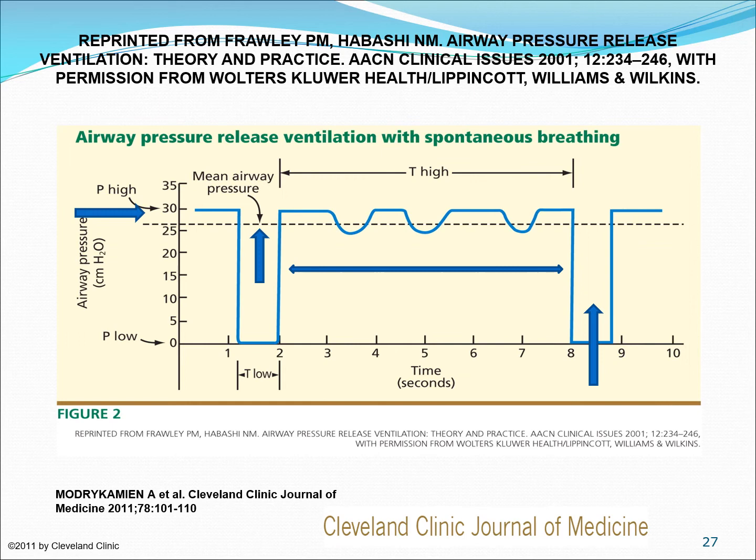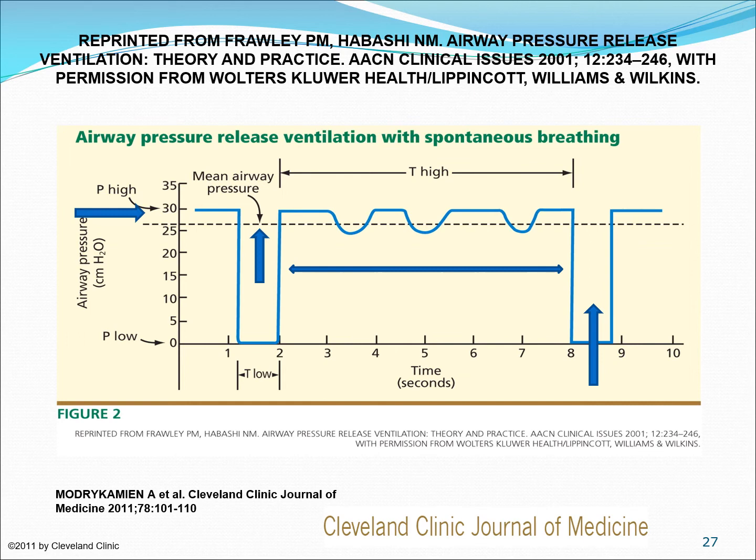But with APRV, you'll ventilate at one pressure, which is called your plateau pressure, and that is called your P high. So P high is plateau pressure. P low is 0. P low is not PEEP. P low is allowing for gas to, so when the patient breathes in, and then, I just want to show you a little bit further.